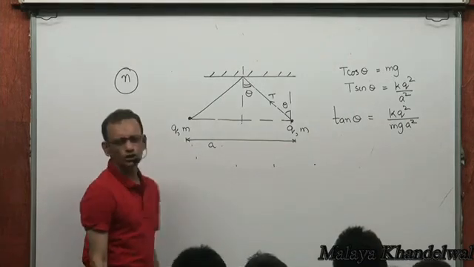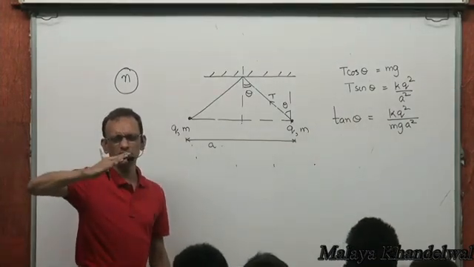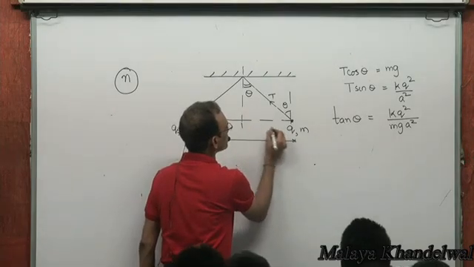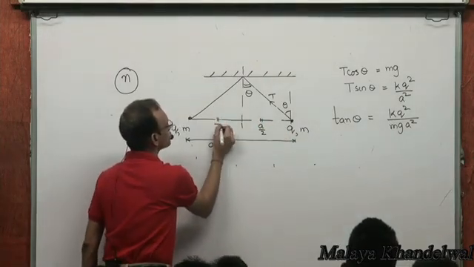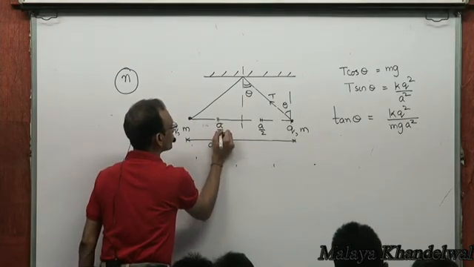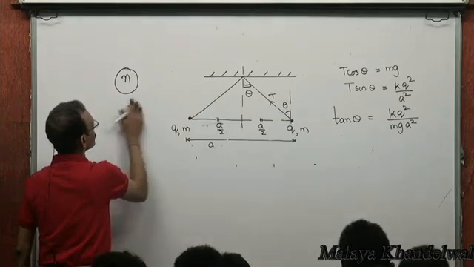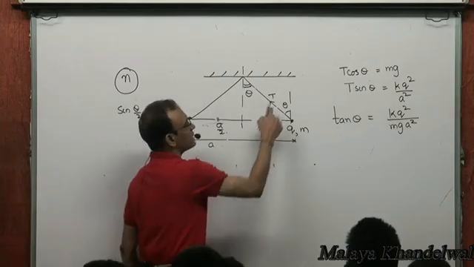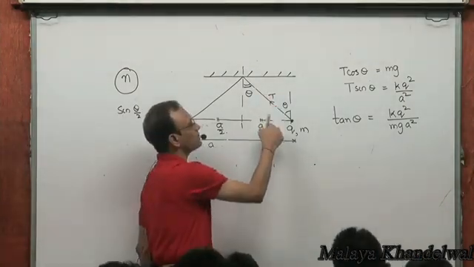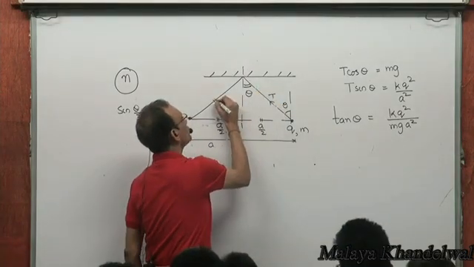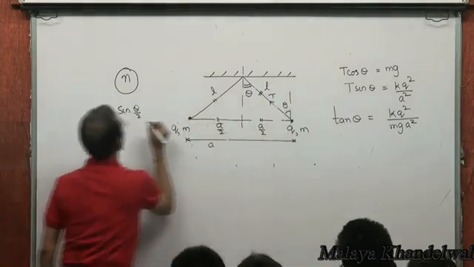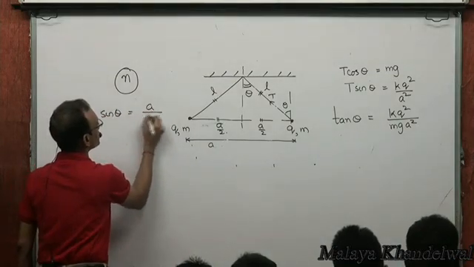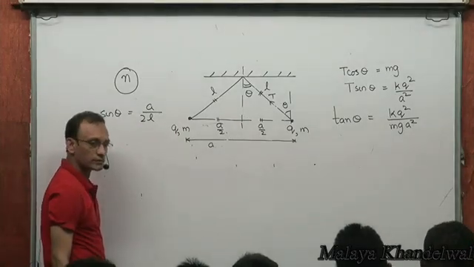Right? Now, I will assume that theta is small, a small displacement from the vertical position. Very clearly, this length is a by 2. Do you see that sine theta is a by 2 divided by the length of the string, this length L, right?